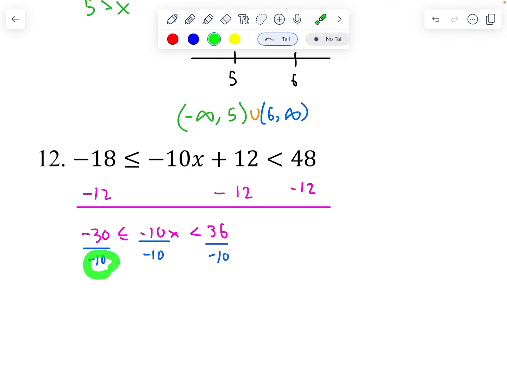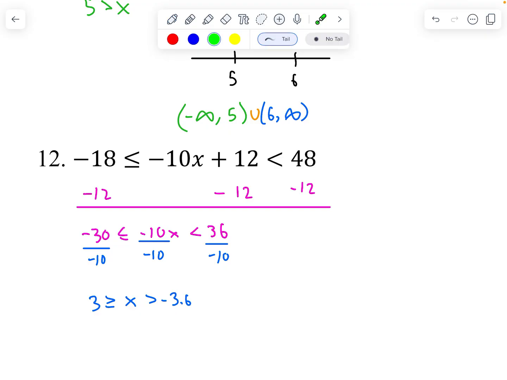If you divide by a negative, normally what I would have you do is add 10x to like this side, and so the x would end up on the other side of this inequality symbol. But the shortcut is you can just switch it when it was negative to begin with. And so this ends up like this instead.